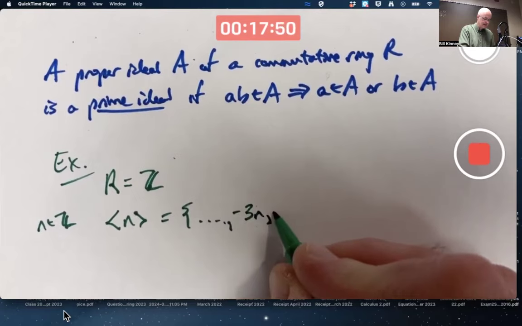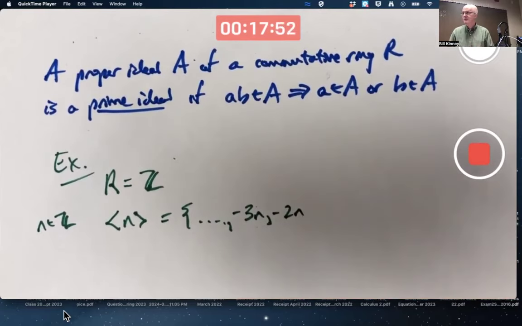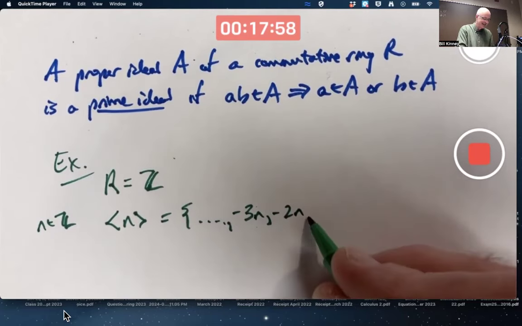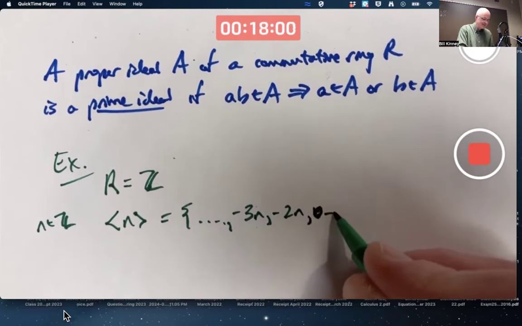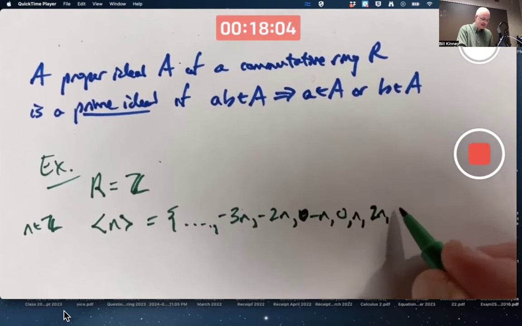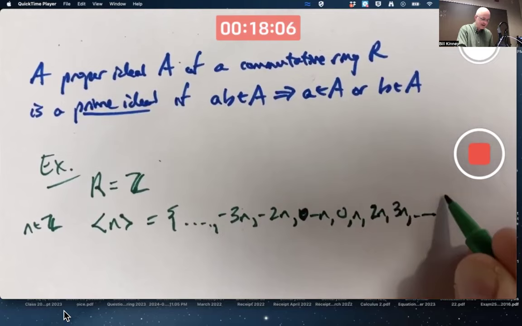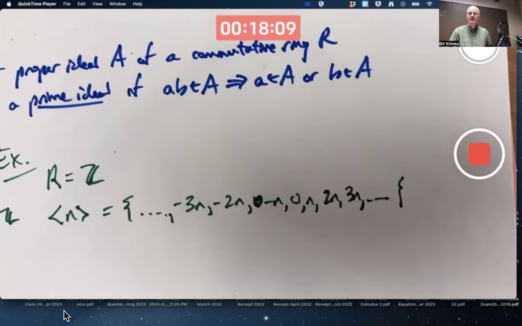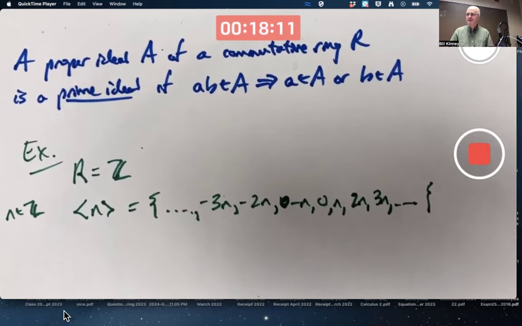As a principal ideal, it's all ring multiples of n, but those ring multiples are integer multiples. And because of that, you get the same thing as the cyclic subgroup generated by n, because the ring multiples themselves, the elements, are integers.